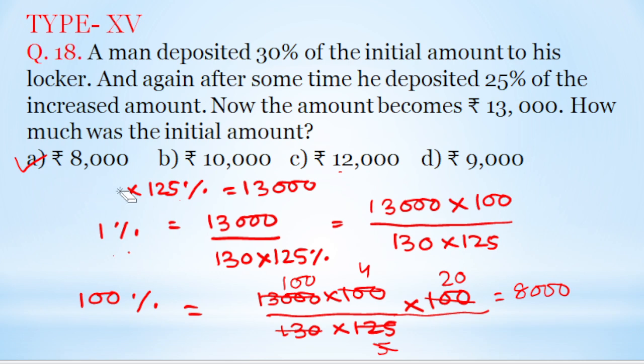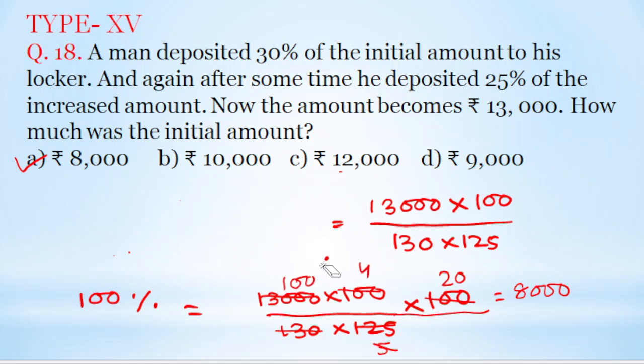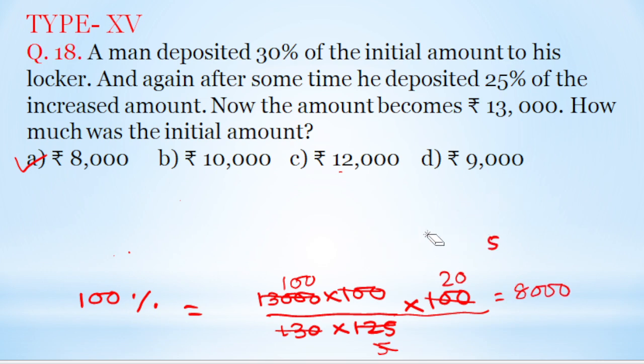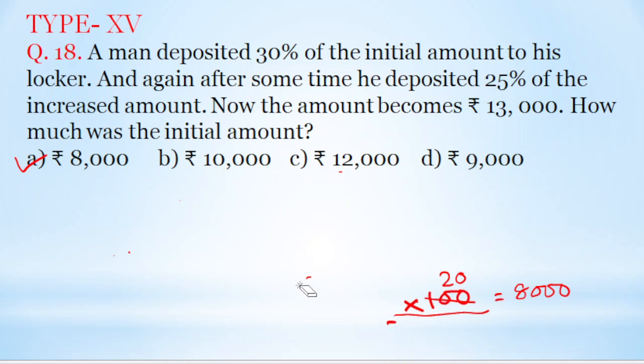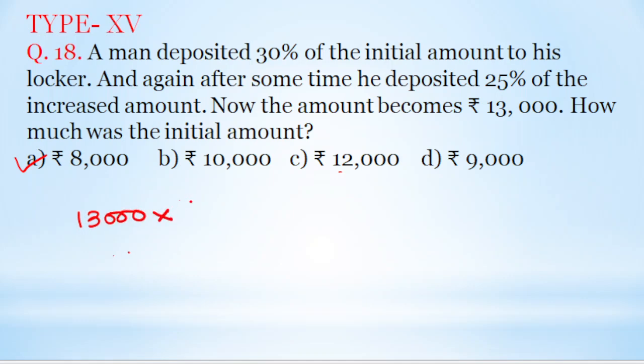Now the formula. According to the formula, it is 13,000 into 100 by 130 into 100 by 125.